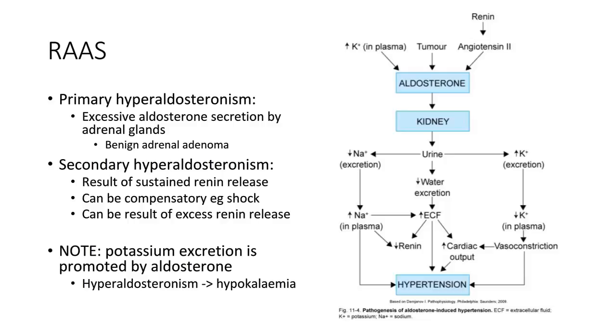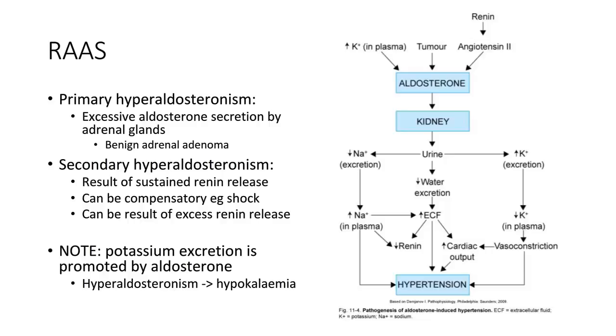That means we have more sodium in the plasma, and that will trigger renin to stop being released. However, increased extracellular fluid, which includes the plasma volume, will lead to hypertension, and that increased venous return that comes from that hypertension will increase the cardiac output, compounding the hypertension.